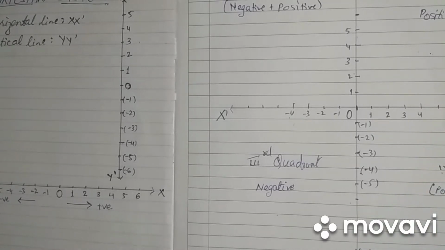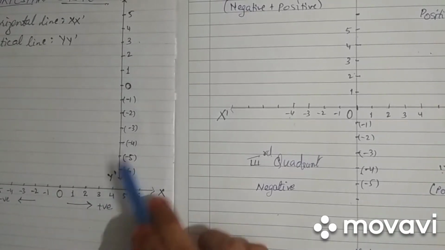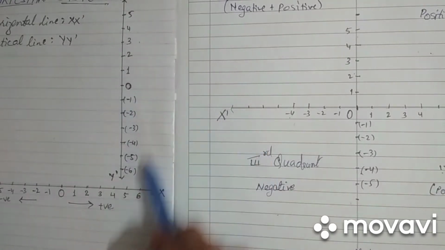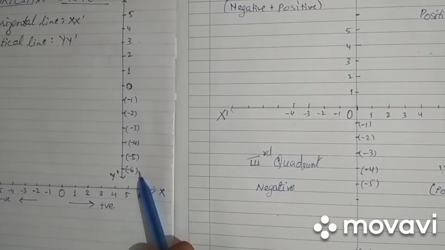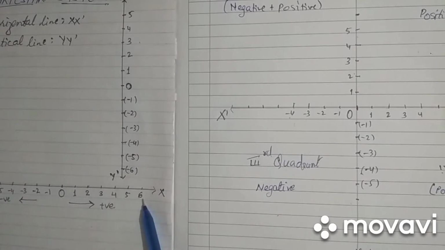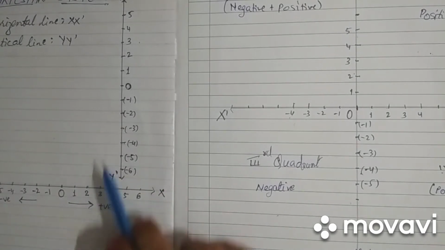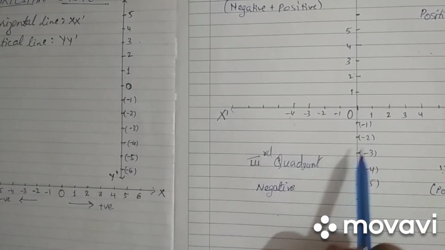Now, what we have studied, we have drawn two lines, Y dash as a vertical line and X dash as a horizontal line, and labeled them from an origin with positive and negative numbers on both lines. When we intersect both of them, what sort of a figure did we get?